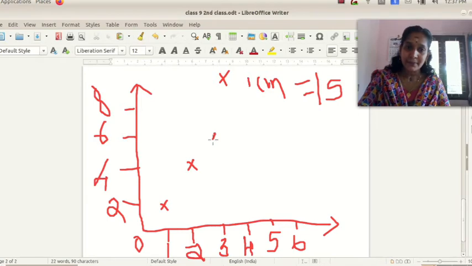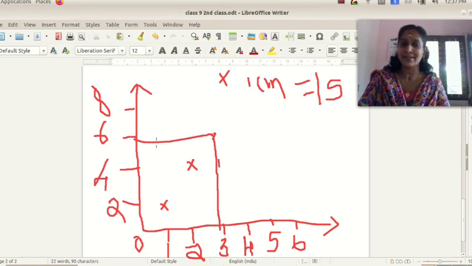If you are not sure, draw a perpendicular towards the x-axis. From the joining point, draw a perpendicular to the y-axis. Then you get exactly the correct value. At the 4th second, it moved to 8 meter.